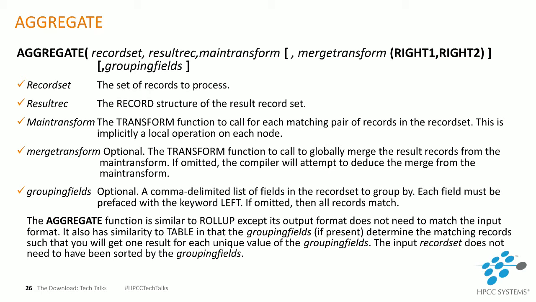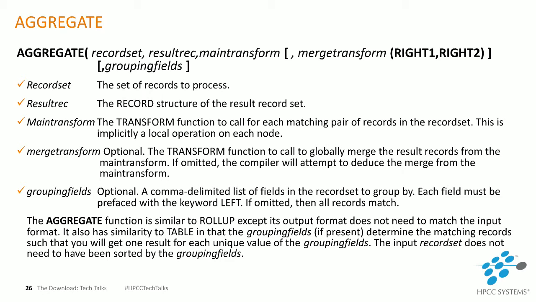And before I do, let's talk about aggregate. So again, process being the extension of iterate, aggregate being the extension of rollup. And the thing I like about aggregate is it puts on two disguises. It acts like a rollup, and it also acts like a table.